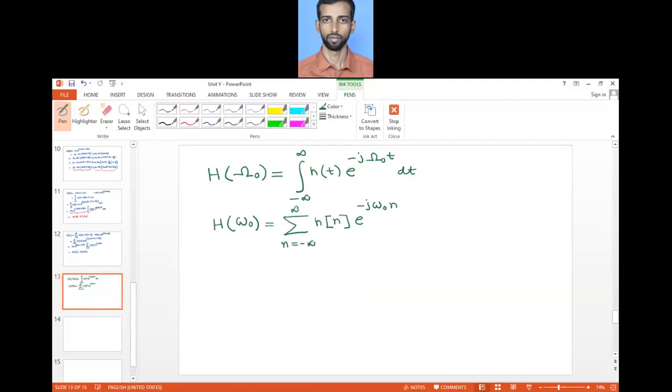That is the thing we expect to get from the system when the system is excited by a complex rotating phasor.